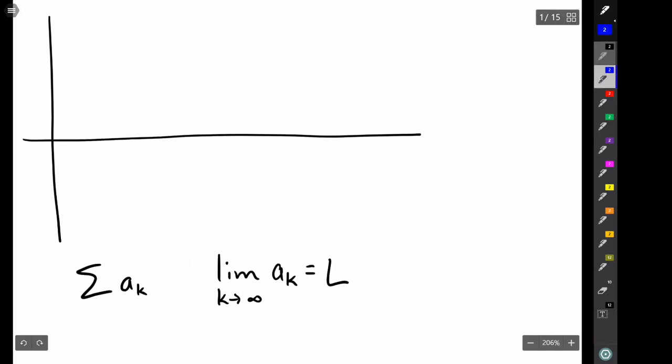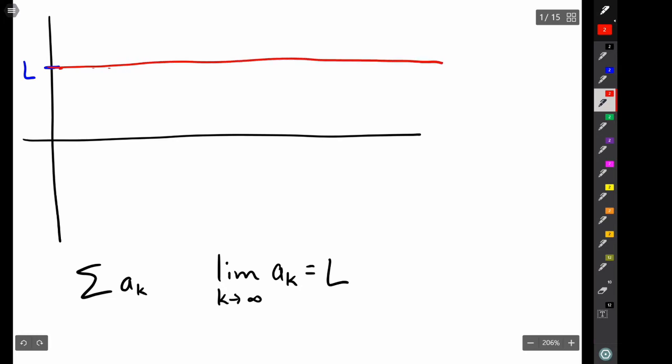And let's say that value L is right here. Let me just draw a red line here.